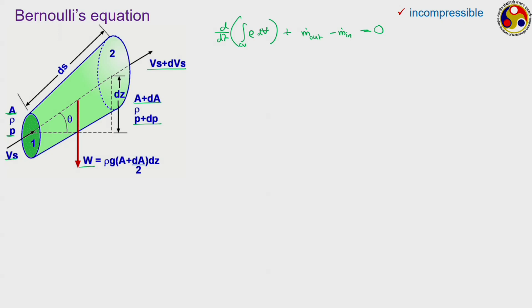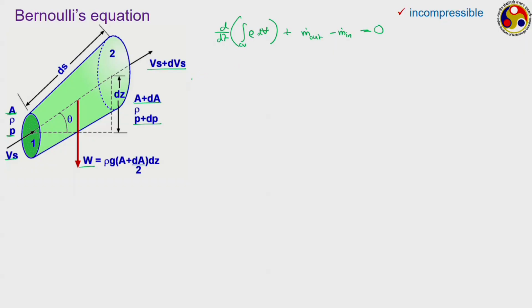Just the differential version of this we have used 2 slides back to introduce the concept of stream function. Now, as we are talking about a fixed stream tube, the volume is constant. Accordingly, we can write this as d rho/dt dV plus d m dot equal to 0, where d m dot is nothing but m dot out minus m dot in, basically the net outflow of mass from this control volume.